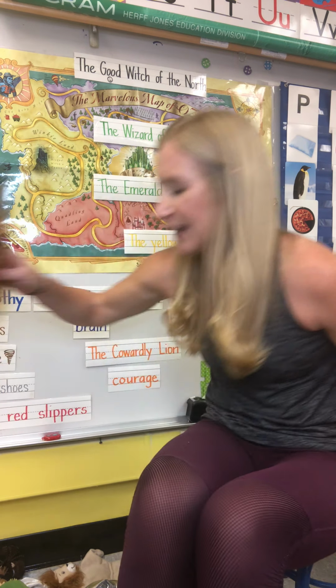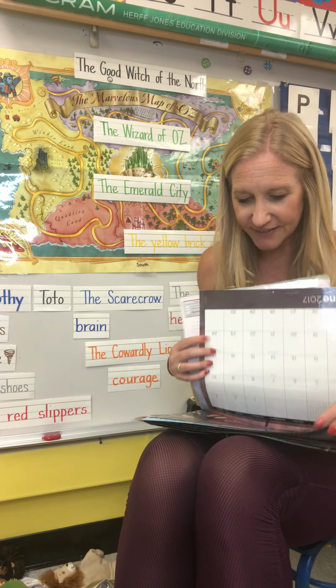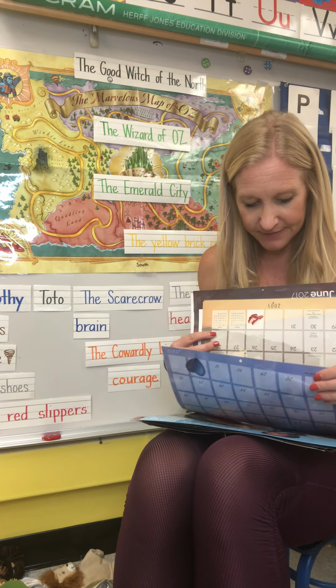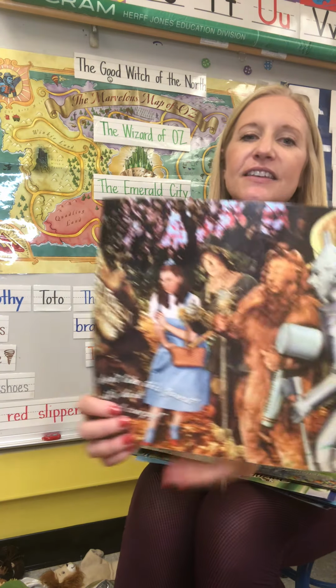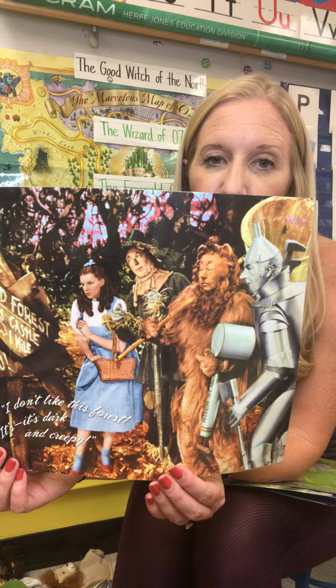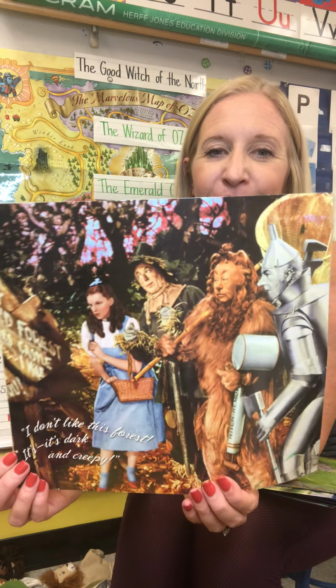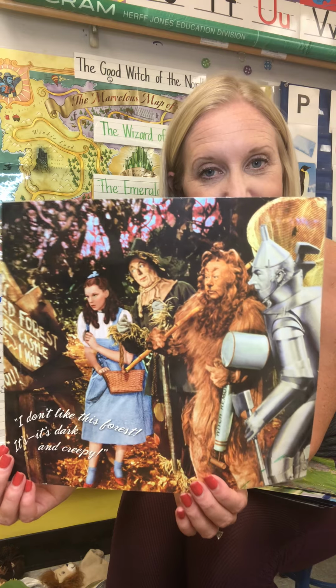Let's see. In the movie, they definitely travel through a forest. And this is probably the closest picture we have to them traveling through a forest. There's a very famous expression, lions and tigers and bears. Oh my. And that comes from The Wizard of Oz.